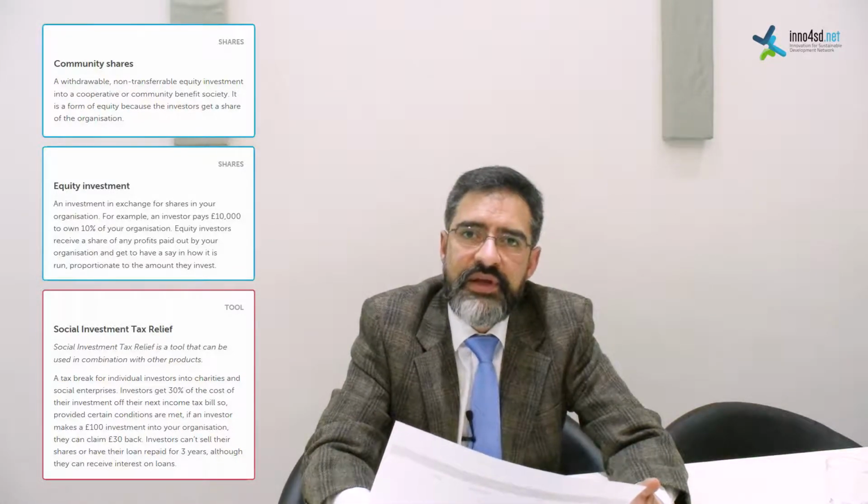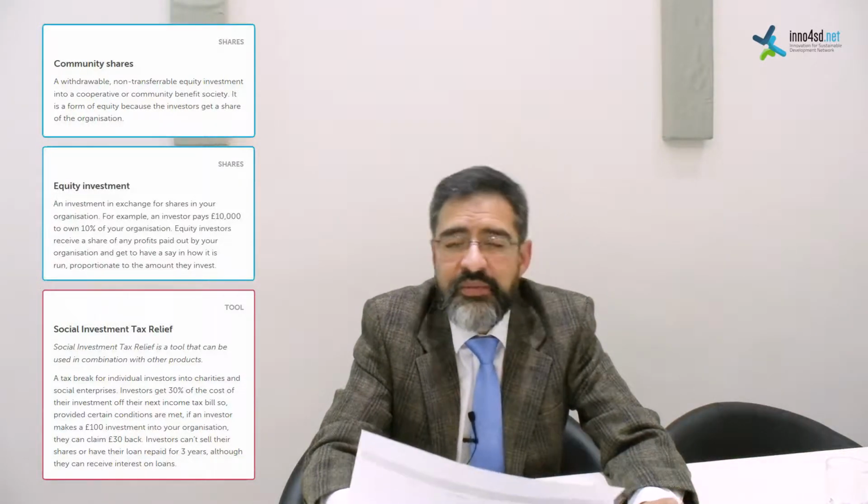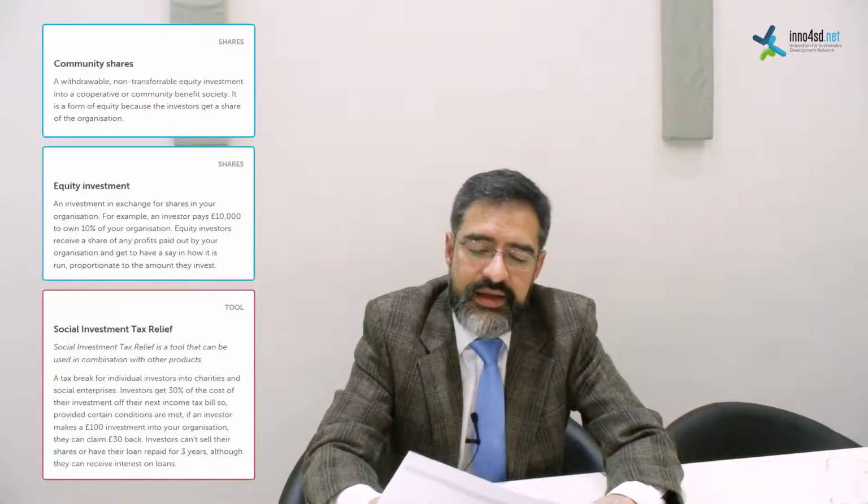In terms of shares, we have three examples: community shares, equity investment, and social investment tax relief. These three are elements that have evolved in the context of the United Kingdom. However, with some differences can be found in other places, and has been explored as a possibility for making adaptations in different geographies other than the UK.